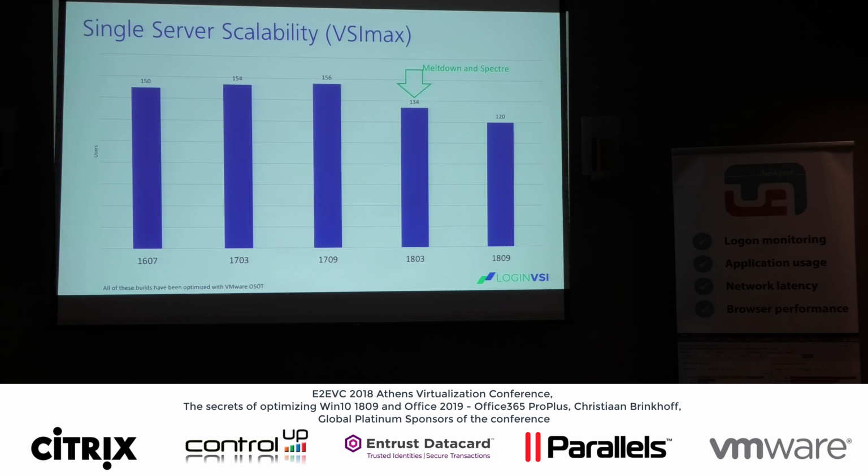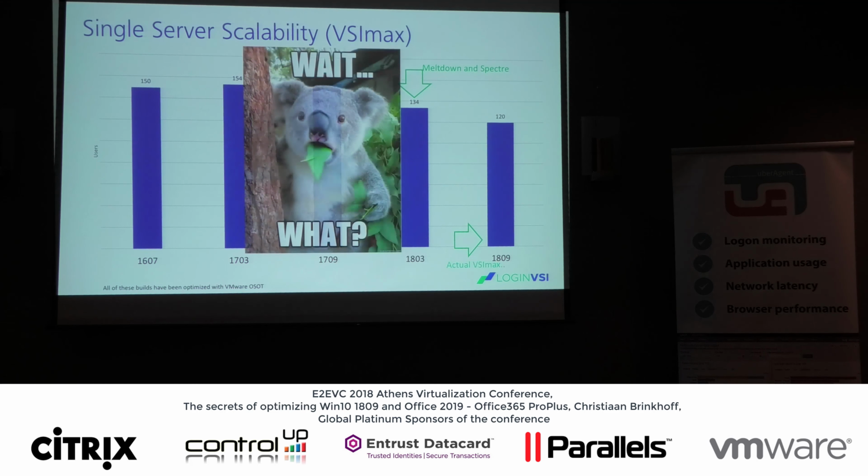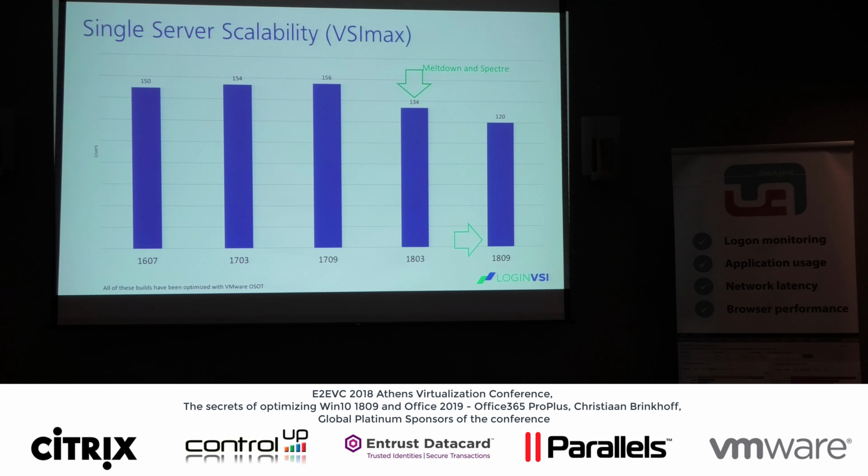And 1809 has a degradation as well. And you'd think, it's a new build, and we didn't see that when you look at the previous results. It's like 14 sessions, 14 users, just by updating Windows 10.